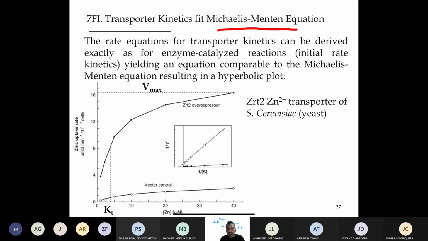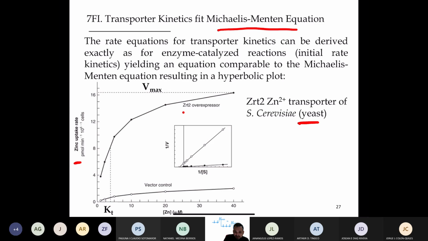In this picture, what we're looking at is zinc, and zinc is being transported by a particular yeast transporter, a ZRT2 transporter. What we're looking at is what happens when you introduce this particular transporter in a given host.